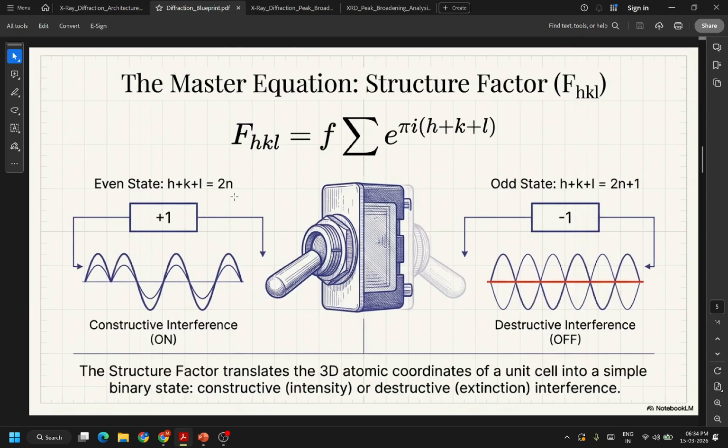If you have odd h plus k plus l, there is an additional term, which is not shown here, e^(iπ(h+k+l)) plus 1. If h plus k plus l is odd, this becomes minus 1, so minus 1 plus 1 becomes 0. So F_hkl becomes 0. For odd sums, it will be destructive interference, and you won't see any peak.